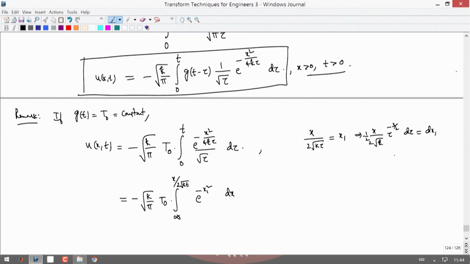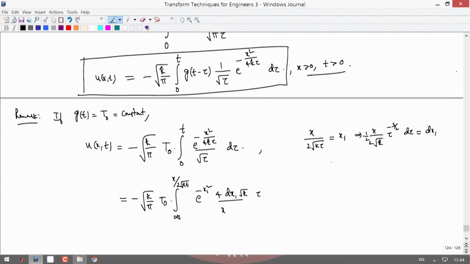Of course root k comes out by x, and then you have a tau.